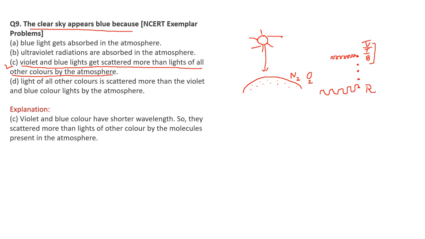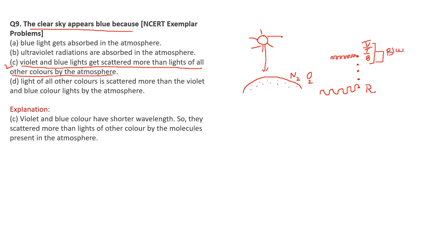So that's why we are able to see the blue color. Now the indigo and blue color get scattered most, so the ultimate color coming out by the scattering of indigo and blue is only blue.